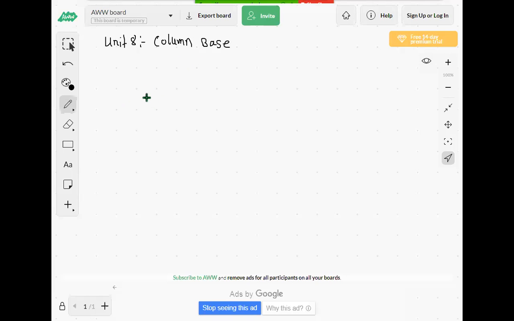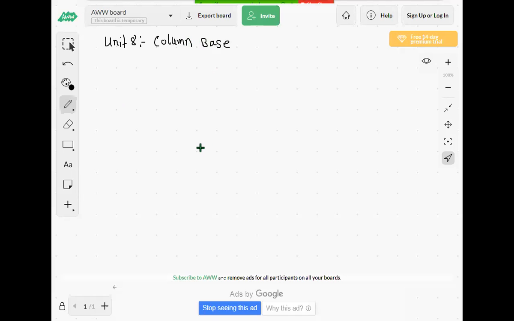Generally, the load transmitted by the column on the concrete pedestal, through an attachment provided in between the column and concrete pedestal, is called the bearing plate or the base plate.